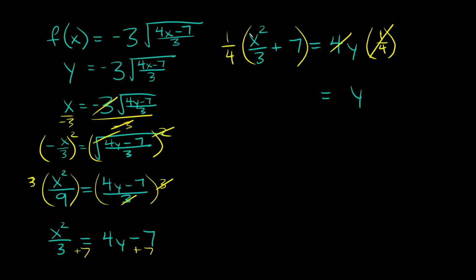So first of all, 1/4 times x²/3. Remember, whenever we multiply fractions, you just multiply straight across, right? So here we'll have x² on top, and on the bottom we'll have 12. And then 1/4 times 7 is equal to positive 7/4, okay? So then this is our final simplified answer. We finally solved for y, right? So we end up with x²/12 + 7/4 is equal to the inverse function.